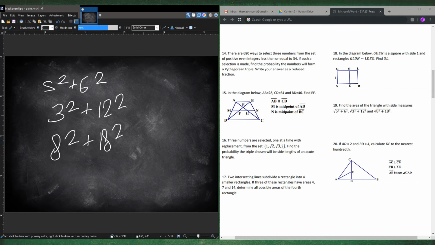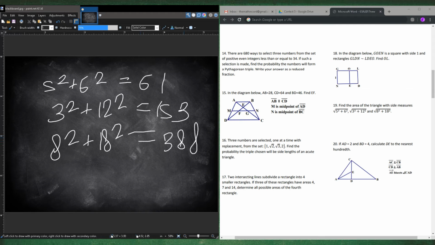So using your calculator, you have 5 squared plus 6 squared, 25 plus 36, which equals 61. 3 squared plus 12 squared is 153. 8 squared plus 18 squared is 388.